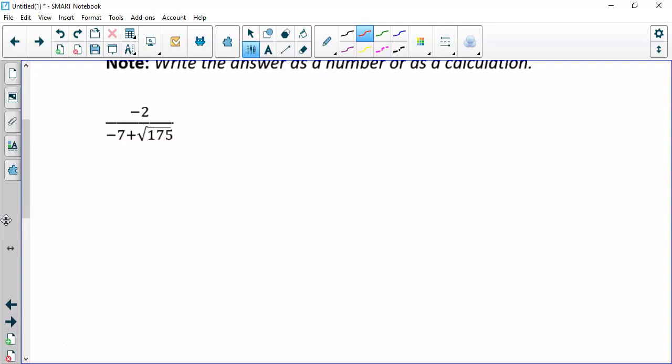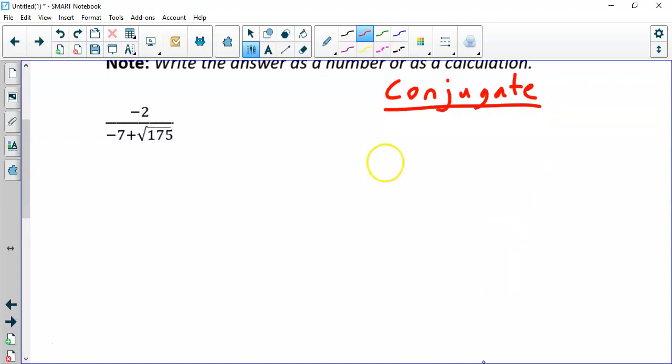Silence in the audience. Usually what rationalizing consists of is you multiply by whatever radicals are in the denominator. But this one's a little different because of the addition that's going on down here. So we use what is called conjugates. You might remember conjugates from when you looked at complex numbers, because we had something called a complex conjugate.